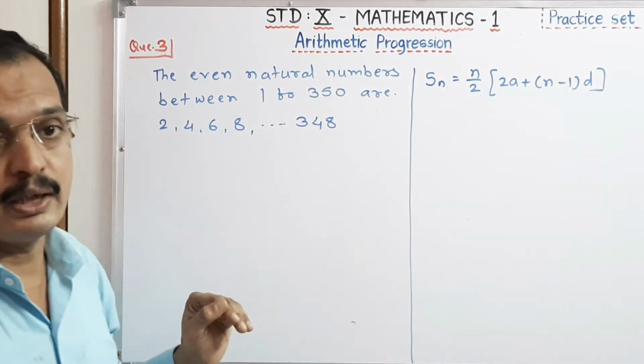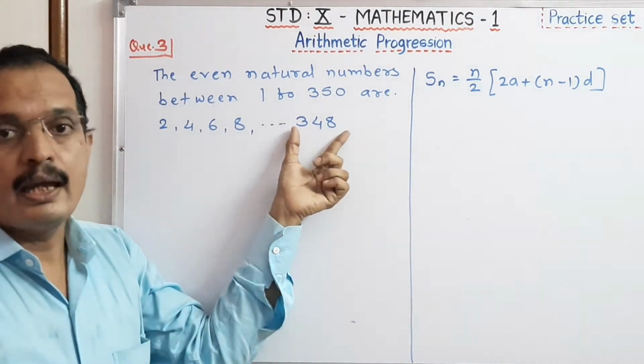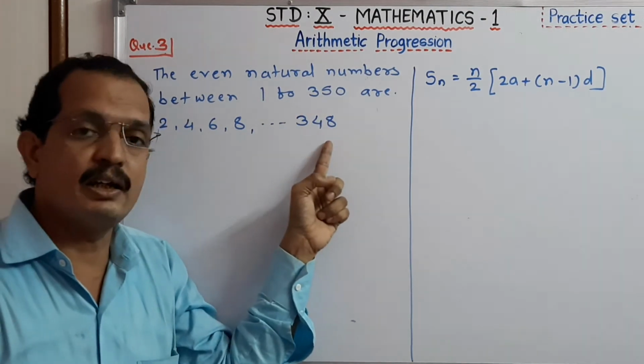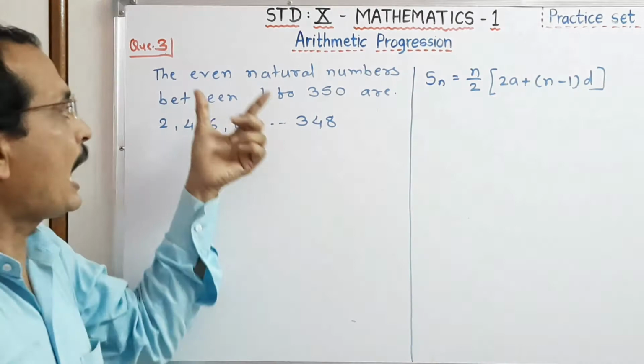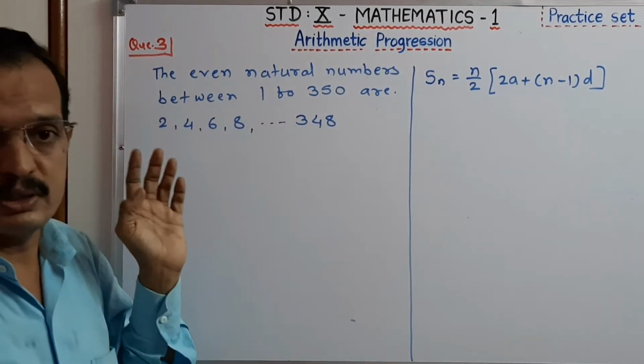How do we find that? For that purpose, we take 348 as Tn, and by using the Tn formula we find the position of 348. Then that many even natural numbers are present between 1 to 350. Got it?